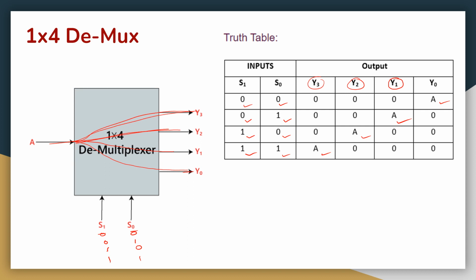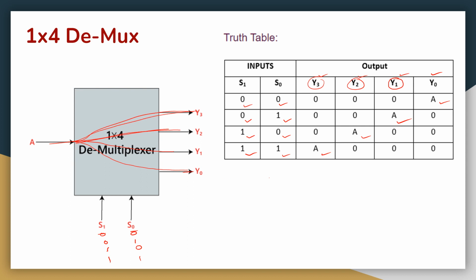Okay, so like that, we can get the truth table for that. Now we will write the corresponding output values as expressions. Those are the Y0 value, Y1 value, Y2 value, Y3 value in terms of S1 and S0.